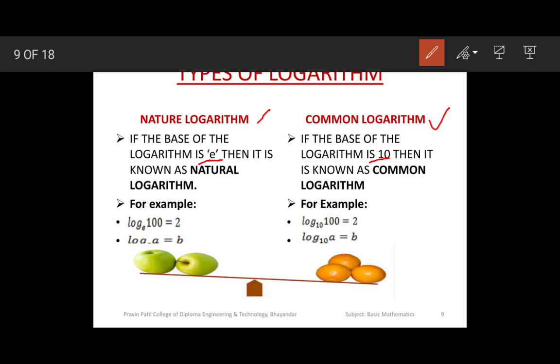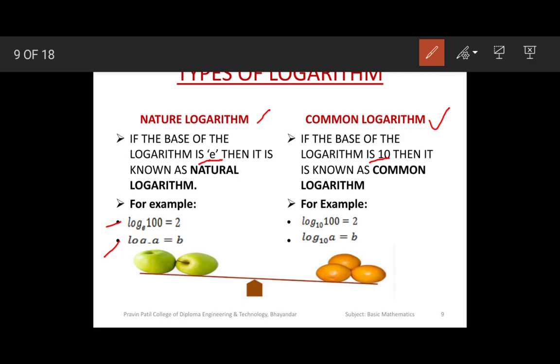In the first example, the base of the log is e. Second example, log of a to the base e equal to b. So if the base of the log is e, then that is known as a natural log.